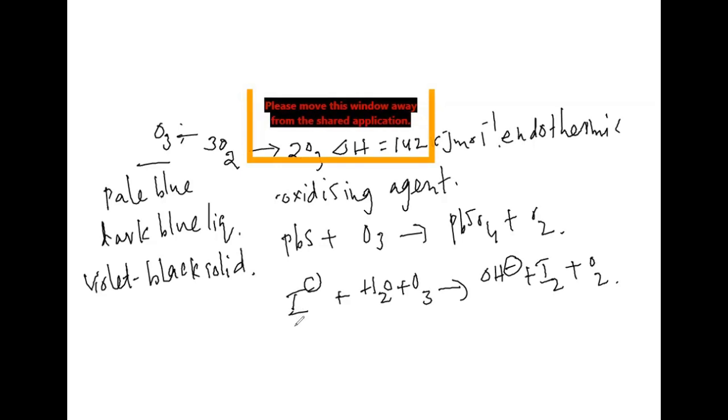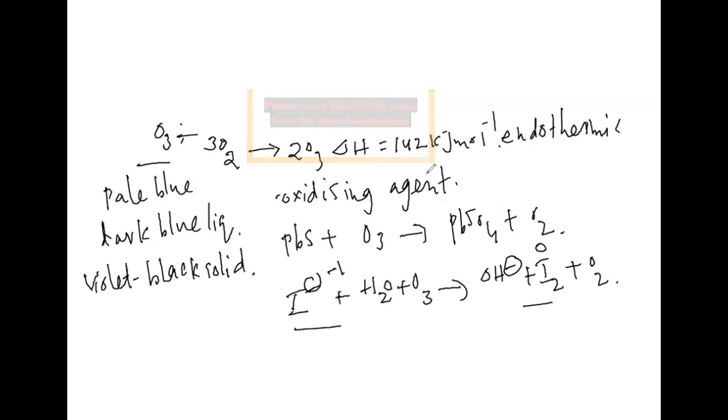Here the oxidation state of I minus is minus 1, going to 0. Increase in oxidation number is oxidation, we can say. This is very important regarding ozone: it acts as a powerful oxidizing agent.